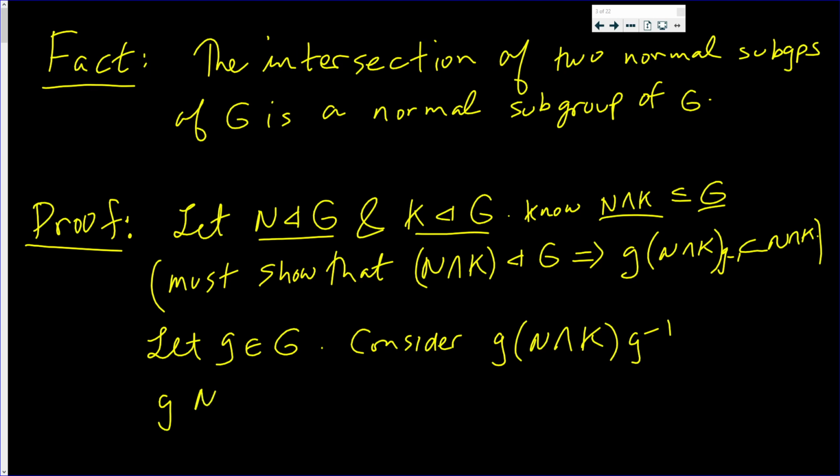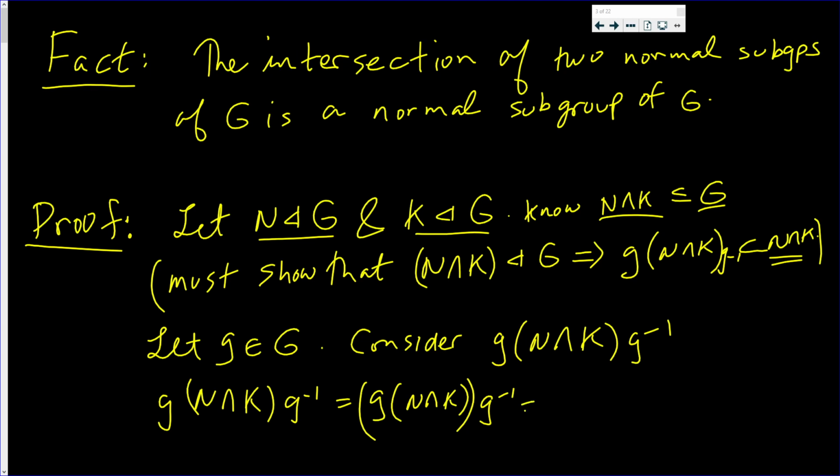So let's see what we can do with this. Again, we want to show that it either equals N intersect K or it lives in N intersect K. I can play the associative game here.